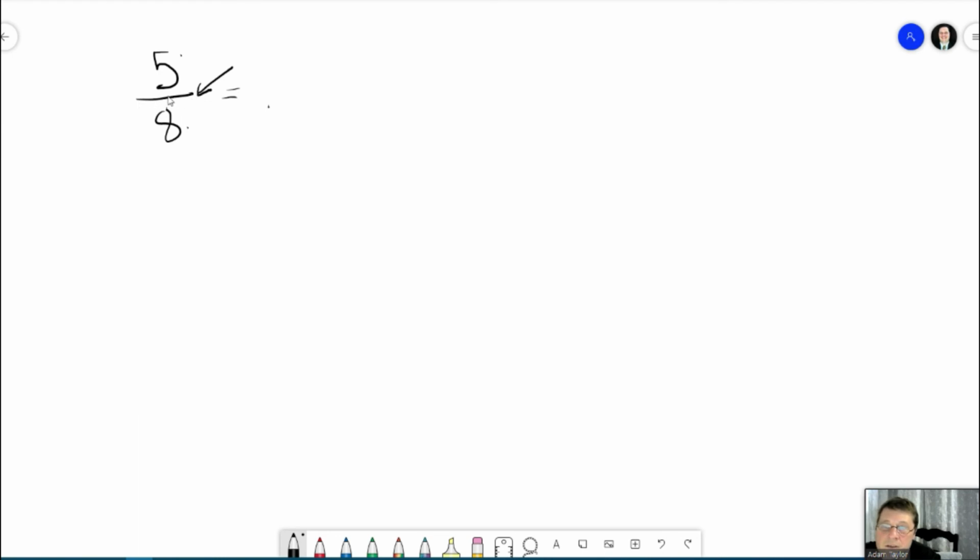So 5/8 can be written like this, or like this, or like this. So this common fraction, 5/8, is understood to be 5 divided by 8, right?